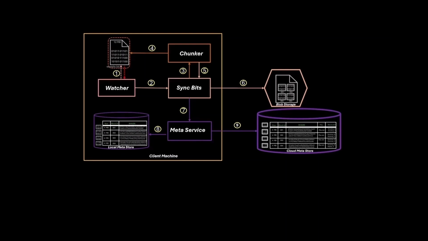Once we identify the chunks where the details have been updated, we only upload those chunks to the blob storage, and we update the chunk details in the local metastore and the cloud metastore. This is what we'll discuss in the second phase of this video. Instead of uploading the complete file, we identify the chunk that has been updated, and then we perform the required actions. And this is what we'll discuss next.